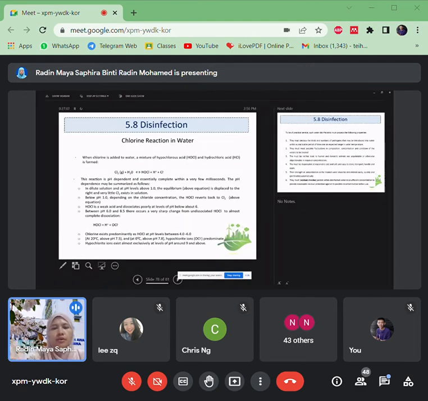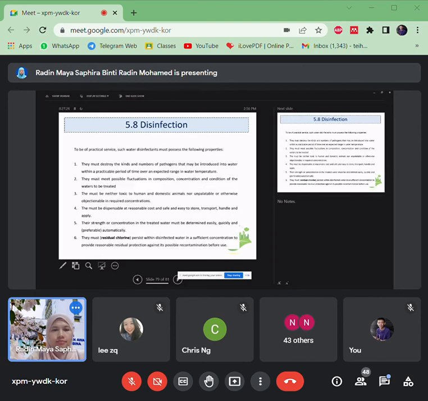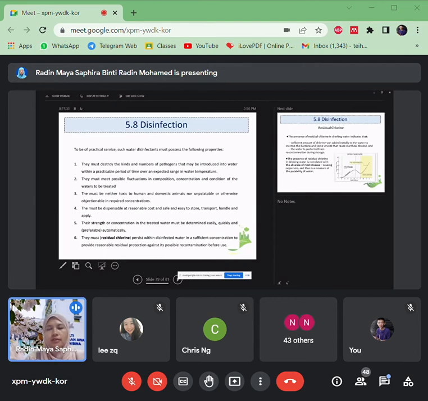For example, if we use gas chlorine, it will produce hypochlorous acid like this, right? So you can have a look here at how it can revert back to chlorine and destroy all of these pathogens. Pathogens means the bacteria that can carry disease. Yeah.